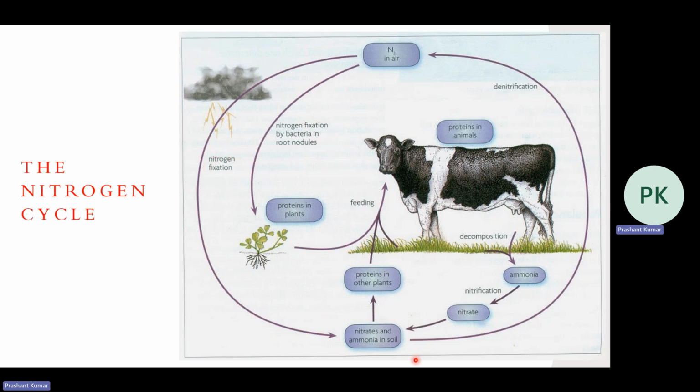And they convert it into nitrate and ammonia in soil. Some of the nitrogen is taken by nitrogen fixation bacteria and they convert the nitrogen into protein because nitrogen is a component of the protein. And by the denitrifying bacteria, this nitrate and ammonia is further converted to nitrogen gas.